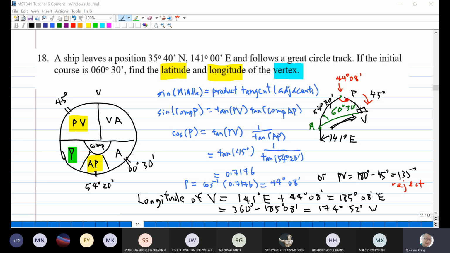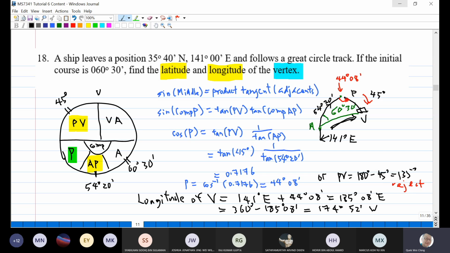So that finished the calculation for question 18, all right? So yeah, move on to the next question.